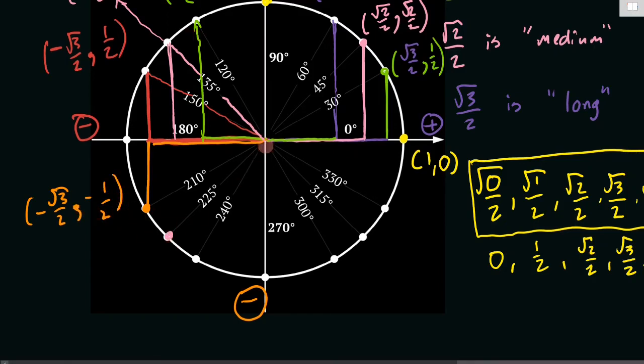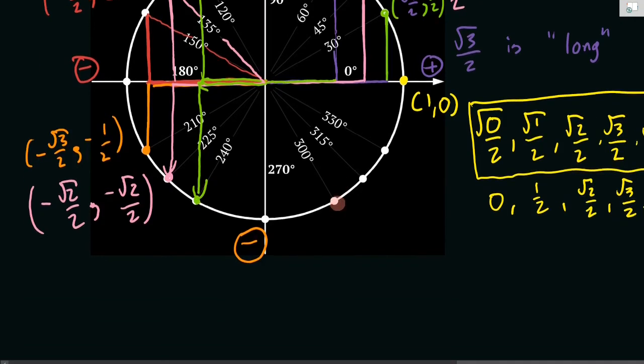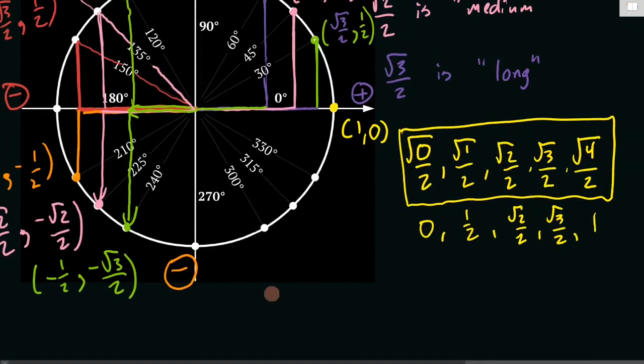This point here is going to be negative medium, negative medium. This point here is going to be negative short, then negative long. So our x is negative a half, and our y is negative root 3 over 2.